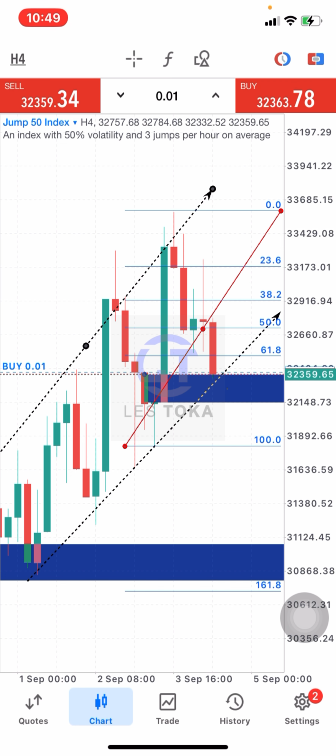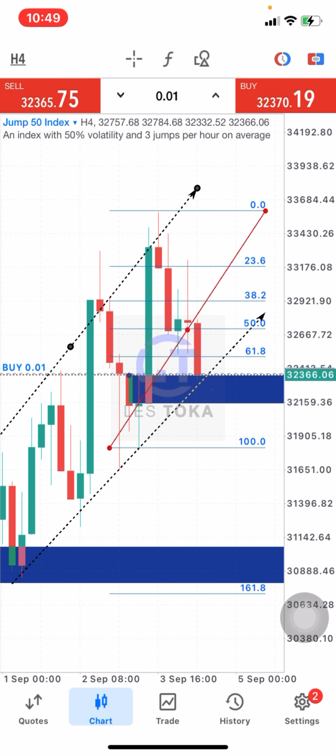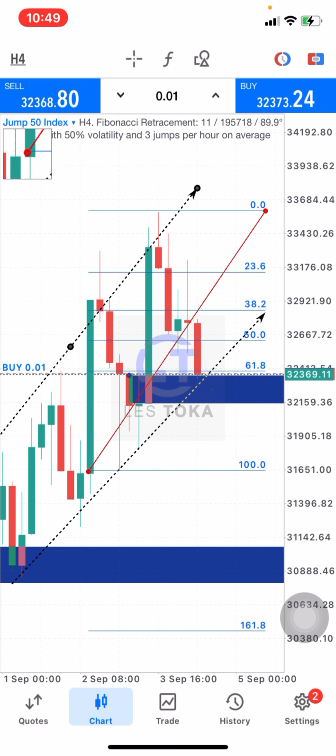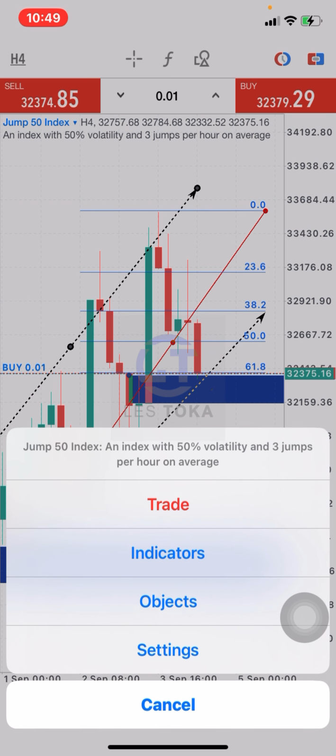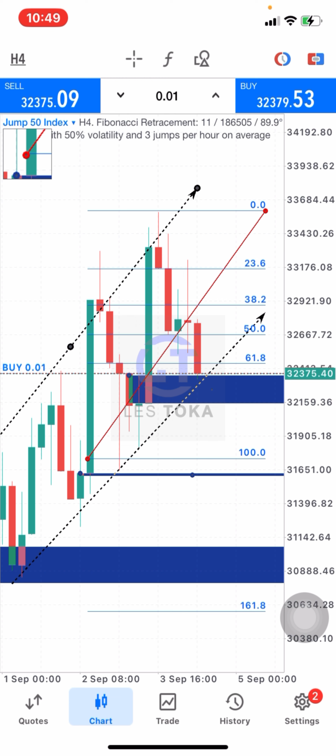But why did it not bounce there? Because it needed to go down to touch the diagonal supporting trend line before it can push to the upside. And let me just adjust it nicely here. So this is our level here where the market gave us the bullish move to the upside.